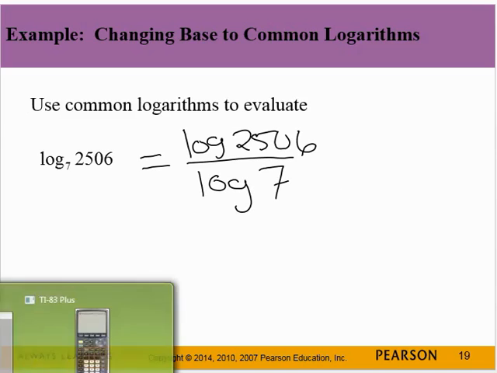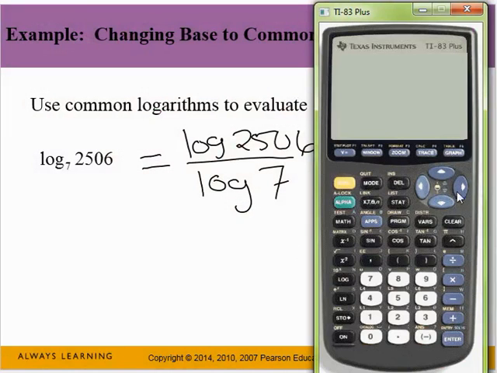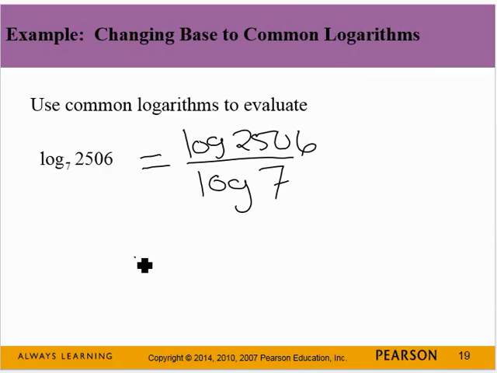So if we were to pull up our calculator, you have log of 2506 divided by log. So your answer is going to be about 4.02.